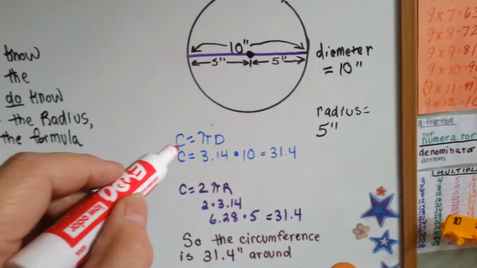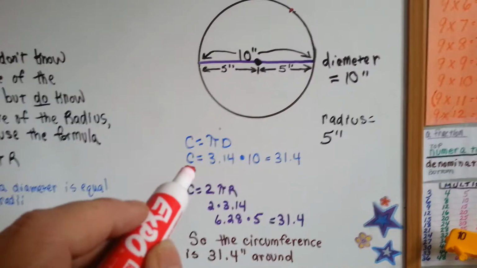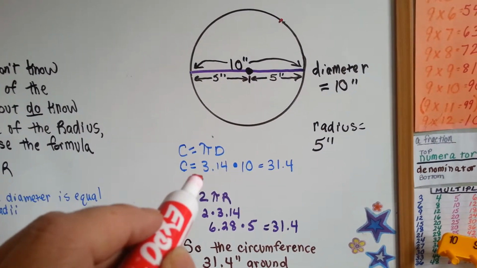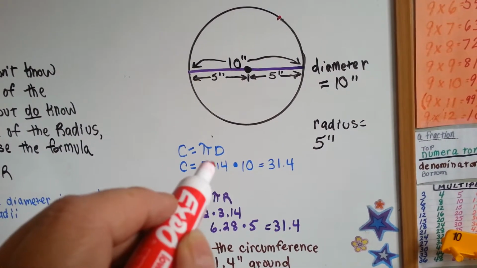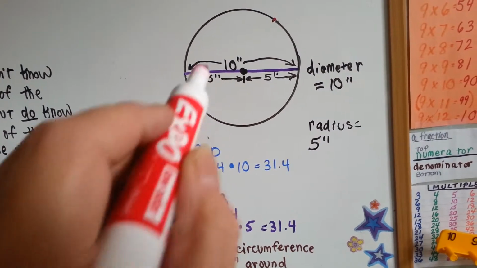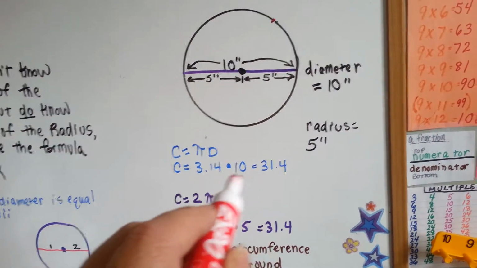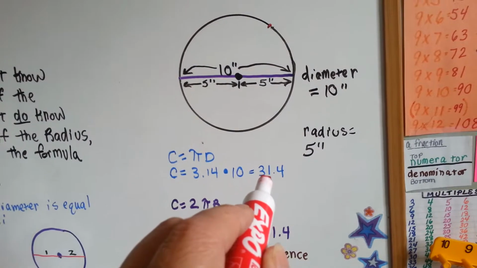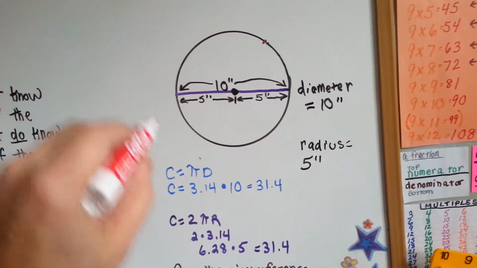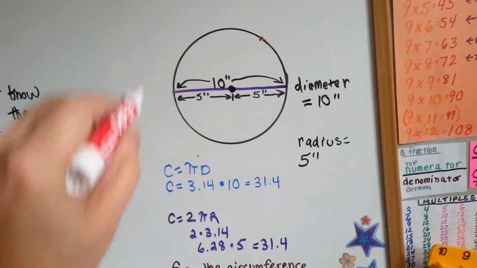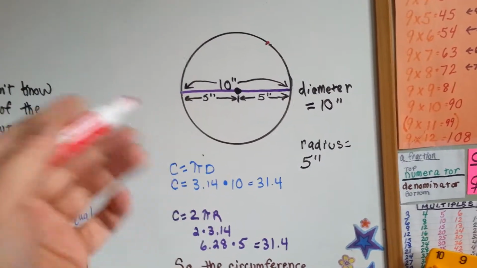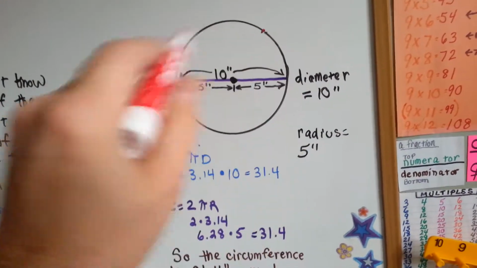If we use C equals pi d, we would say that the circumference is equal to pi, 3.14, times the diameter, which is 10, and that would give us 31.4. So it's 31.4 inches around here. So let's say if it was a fence, it would be 31 feet around, okay?